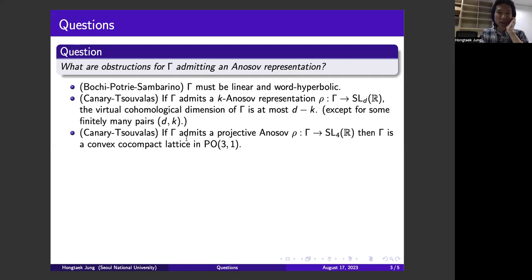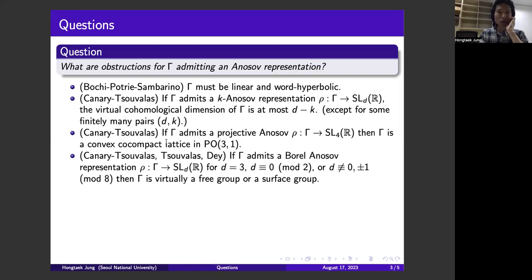In the same paper, they proved that if Gamma admits a projective Anosov representation in dimension 4, then it must be a co-compact lattice in SL(2,C). And also Tsouvalis and Dey proved that if Gamma admits a Borel Anosov representation in some dimension, then Gamma must be virtually a free group or a surface group.